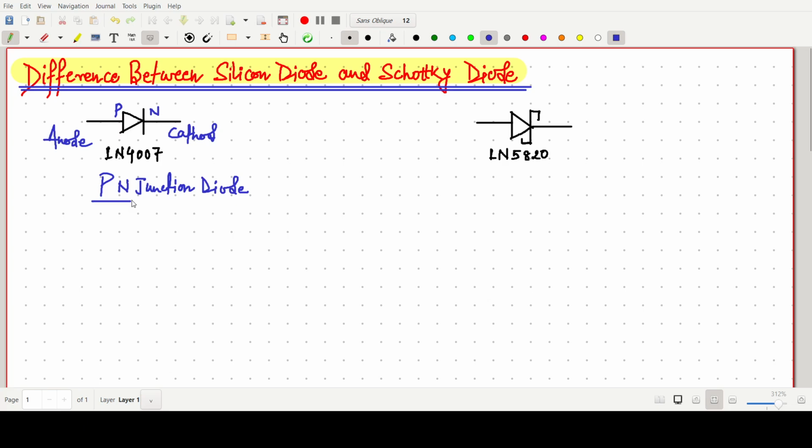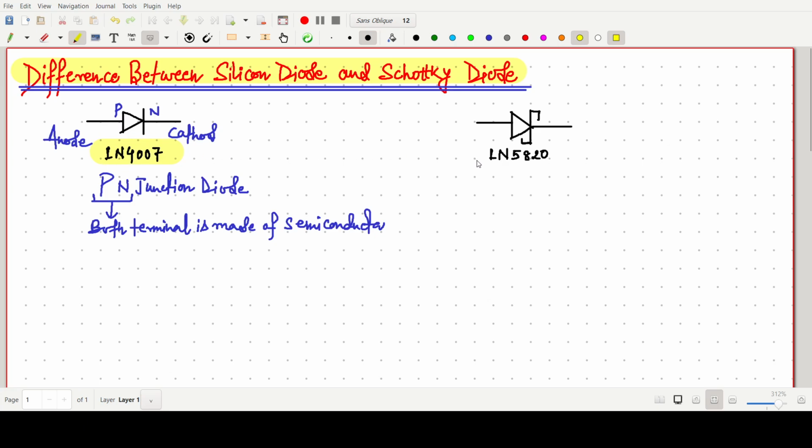P and N, both terminals are made of semiconductor. That is our P and N. One example of a commercially available diode is the 1N4007. 1N means single junction.